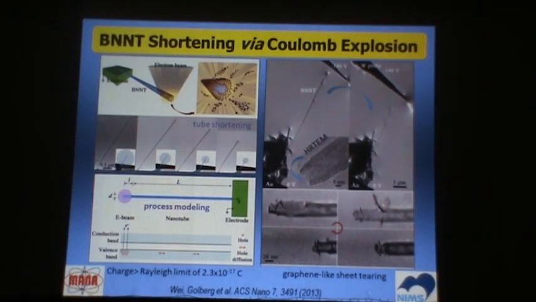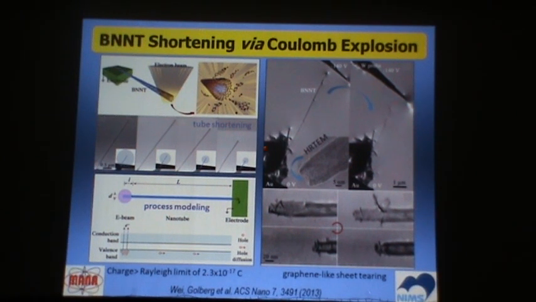Another way of engineering structures inside TEM: we can use a freestanding boron nitride nanotube in order to charge it, because boron nitride is a dielectric, an insulator, so it doesn't conduct current, but when we put an electron beam, we can charge the structure greatly.